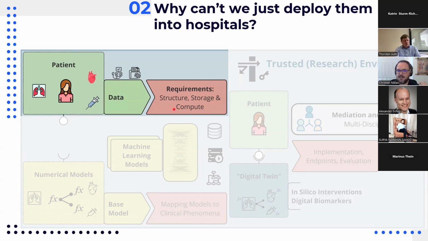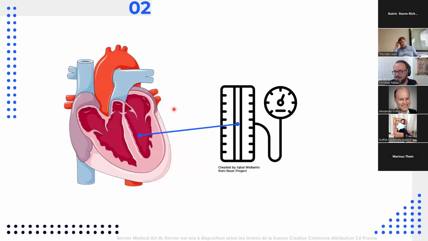So I brought you a little example, like what would be if you, for example, wanted to have a specific measurement to fit your model. So let's say you have all your data harmonized and you have a good collaboration with your clinicians, and they are willing to do everything for you so you can fit your model to the most optimal set of data.